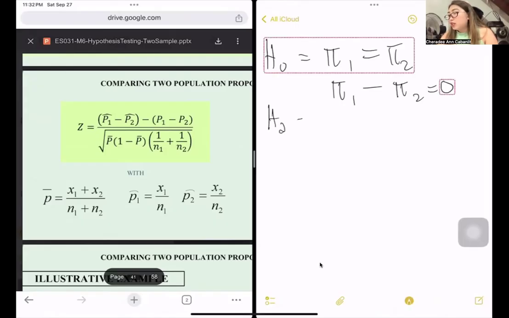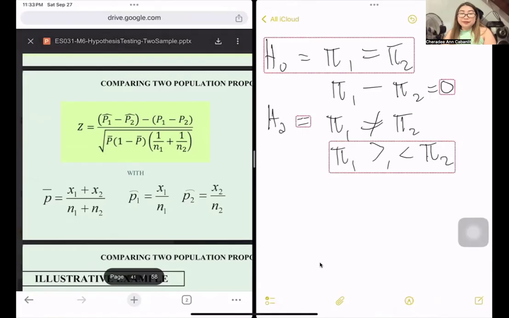And then the HA is pi 1 is not equal to pi 2, or pi 1 is greater than or less than pi 2. Ana ra. Usab na pod kay ang Z computed ra gihapon. Now, the value of Z is the same.